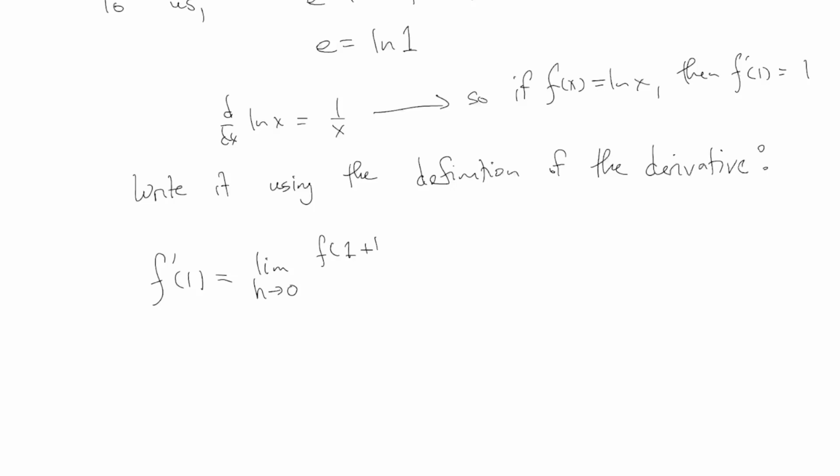So it's really f of 1 plus h minus f of 1 divided by h, right? This is the definition of the derivative as an instantaneous rate of change. This is the way you had to find the derivative before your teacher told you the easy way. This is sort of the hard way of doing it by hand.